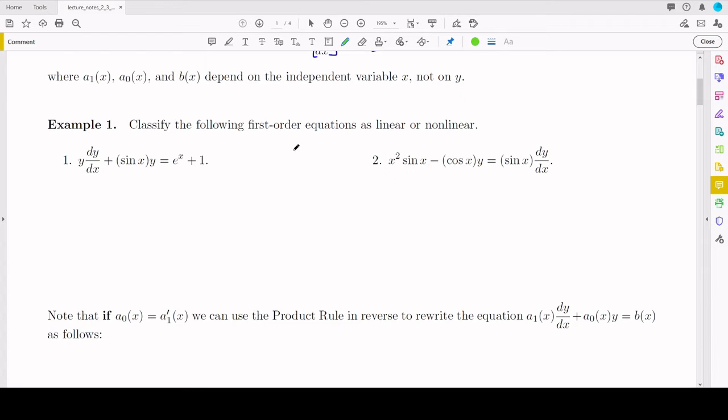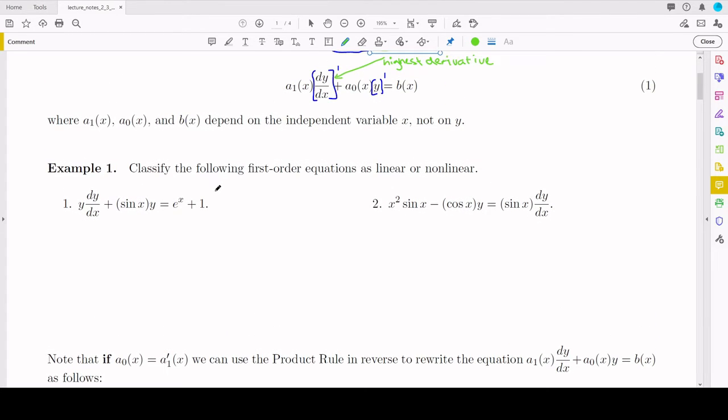So when we look at the differential equation here, we have y dy/dx plus sine of x times y equals e to the power x plus 1. Let's see what goes right. So e^x plus 1, we can call that b of x. That's good. Then we have y to the power 1. That's good.